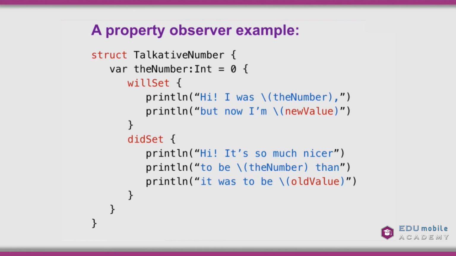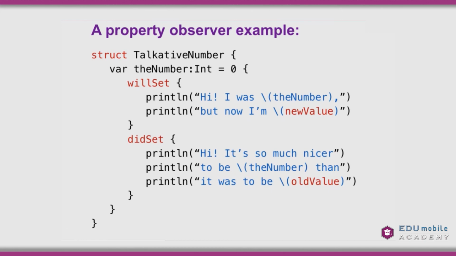And then a curly brace. We have two things, much like we would have in the case of get and set for computed properties. We have willSet and didSet. willSet says, hi, I was the old number, but now I'm the new number. And didSet says, hi, it's so much nicer to be the new number than it was to be the old number.